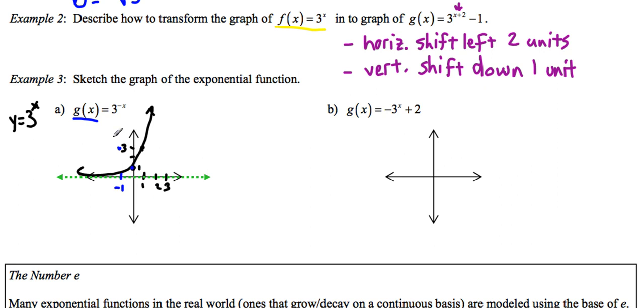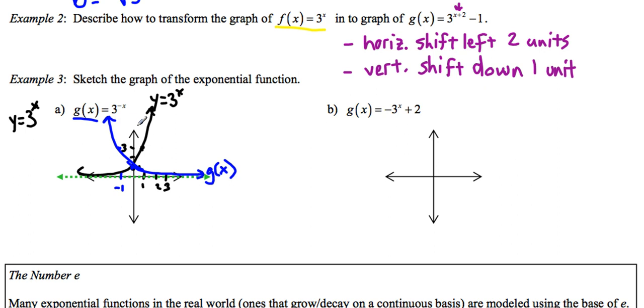Our y-intercept is going to stay the same, and it's going to become decreasing. Let's make sure we go through that point, and get closer and closer to our x-axis. Okay, so there's our g of x, and let's make sure that we label our parent function. Okay, so final function in blue.